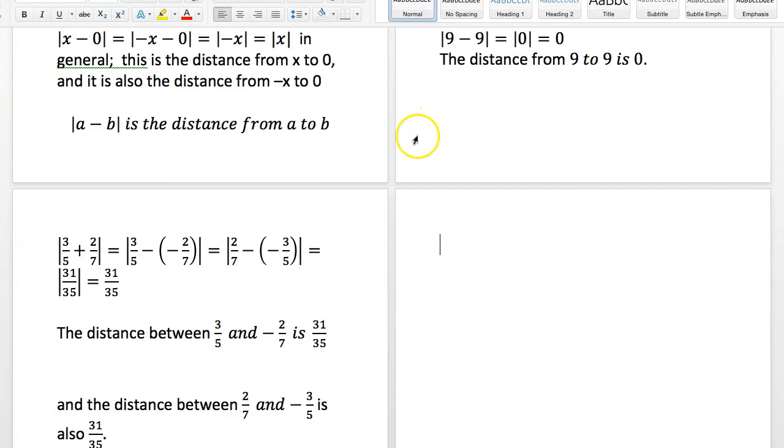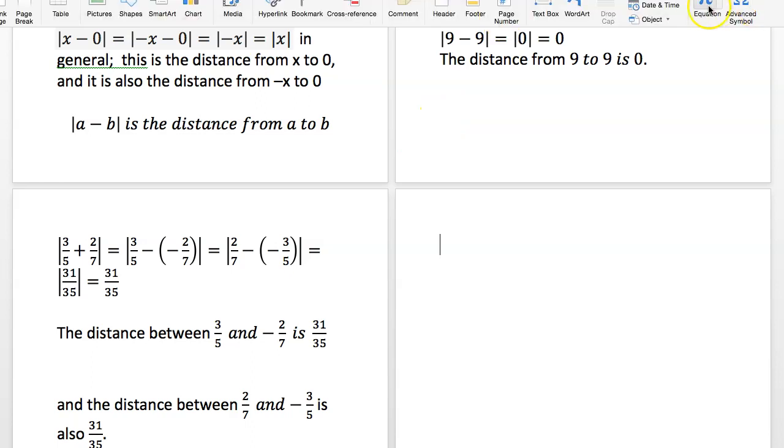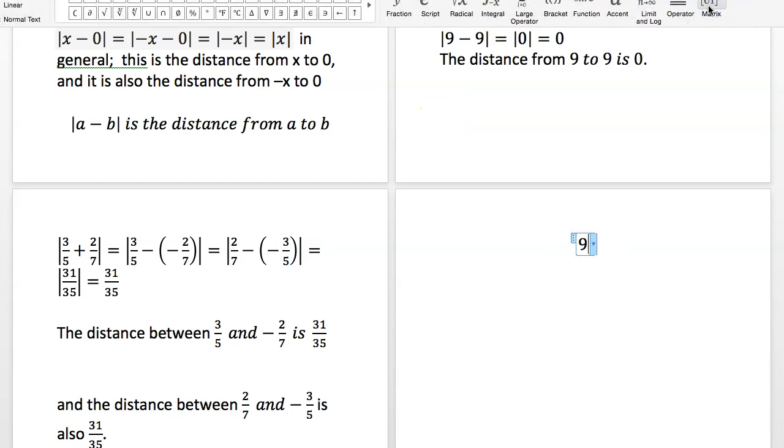Just keep in mind the borderlines for the inequalities.